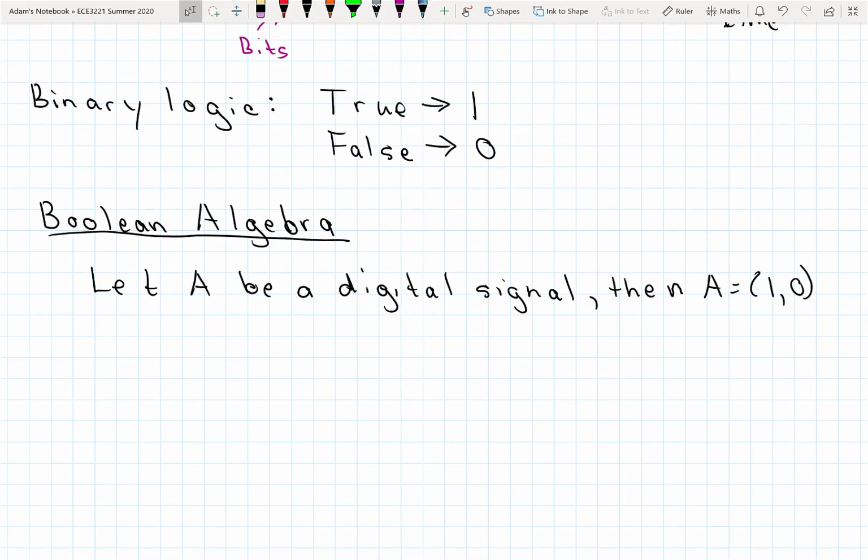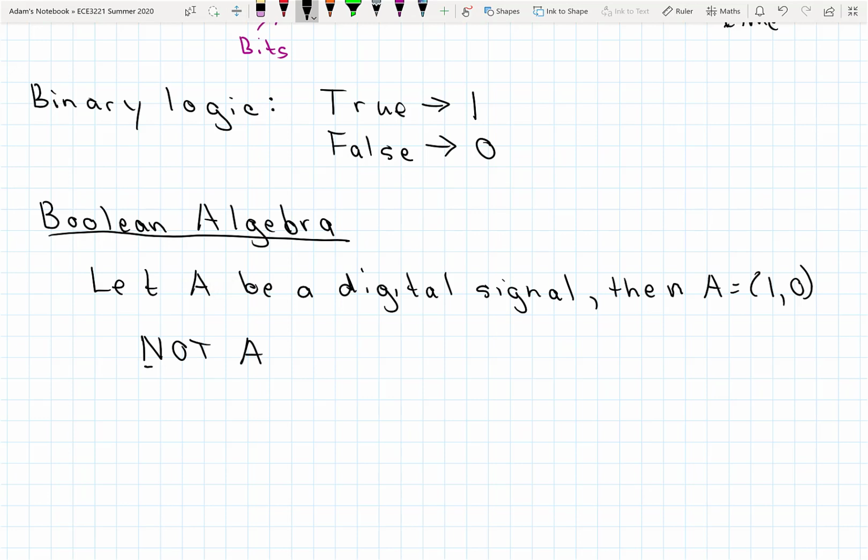Okay, so let's talk about what happens if we do a NOT operation on that value of A.